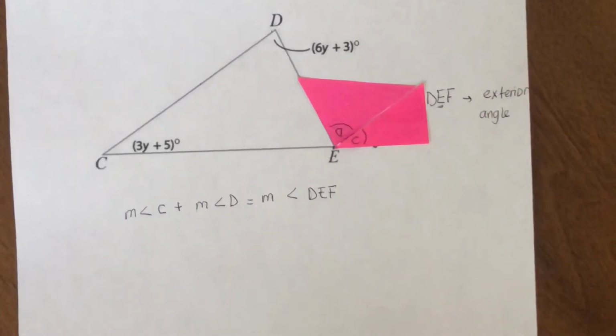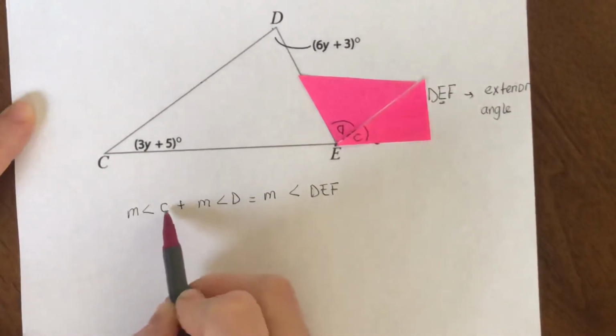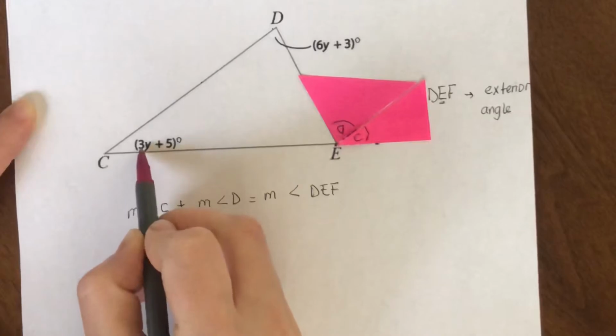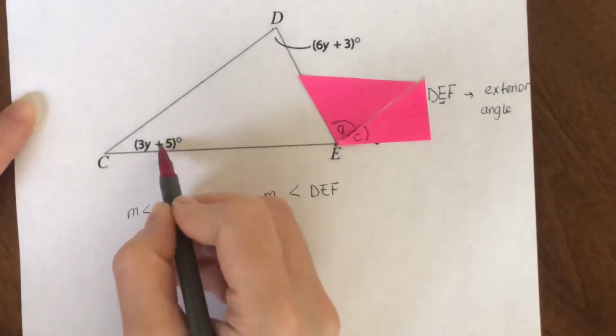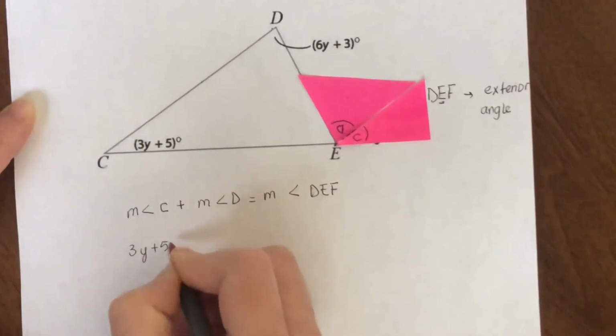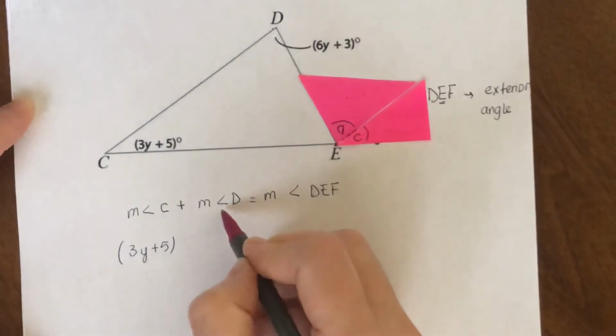So let's write our equation. What is the angle C in the triangle? This is 3y plus 5, right? I'm going to write 3y plus 5 instead of measure of angle C. How about angle D?